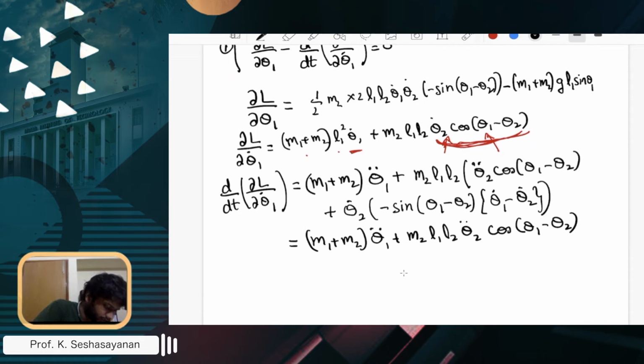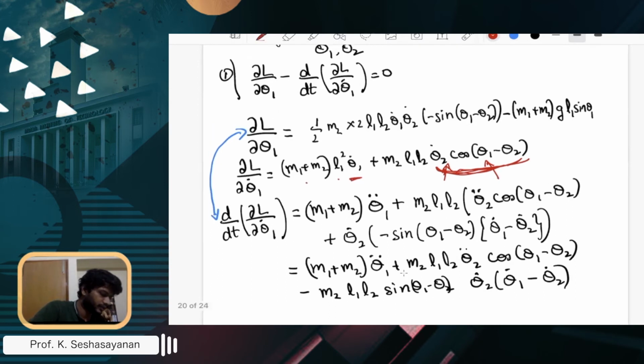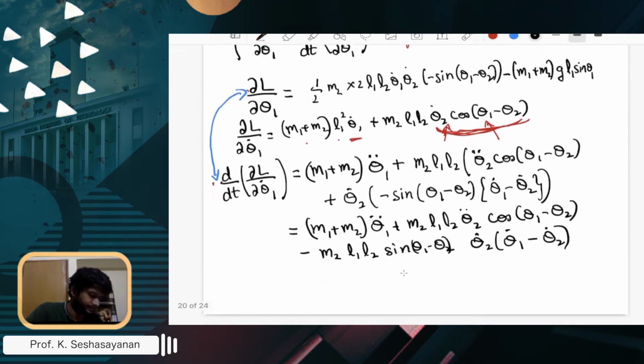And here we get minus m2 L1 L2 sine of theta 1 minus theta 2 times theta 2 dot times theta 1 dot minus theta 2 dot. So now all we have to do is equate these two terms to get the equation of motion. From here we see that we have to equate this term and this term. That gives us the equation of motion.